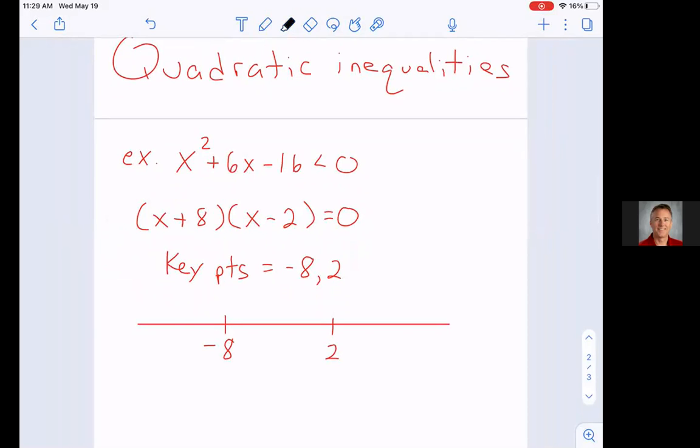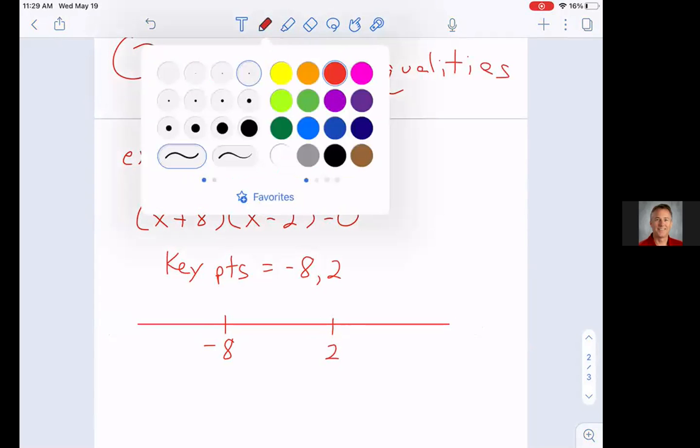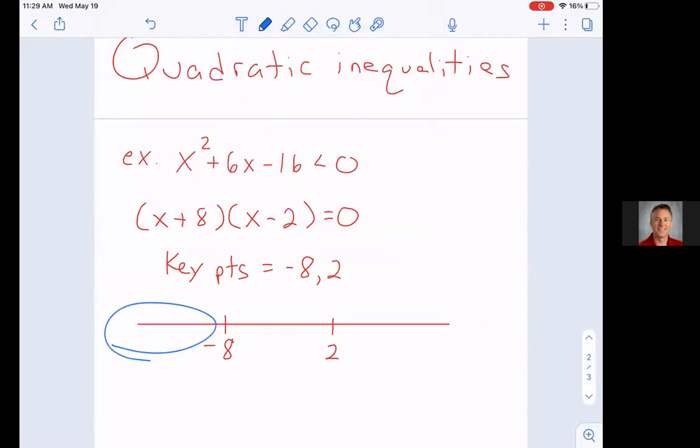We have to test this region here to the left of -8, this region, the one in between them, and then this region to the right of +2. What's nice is if one number works, they all work, kind of like we were saying with the linear inequality. So I'm going to take any number to the left of -8 and plug it in and see if it makes this a true statement.